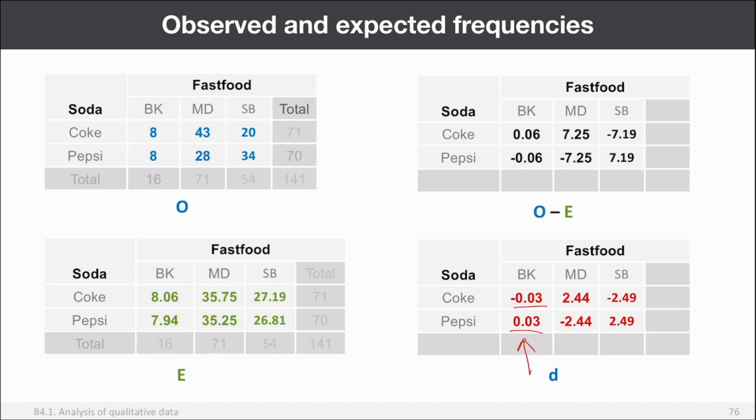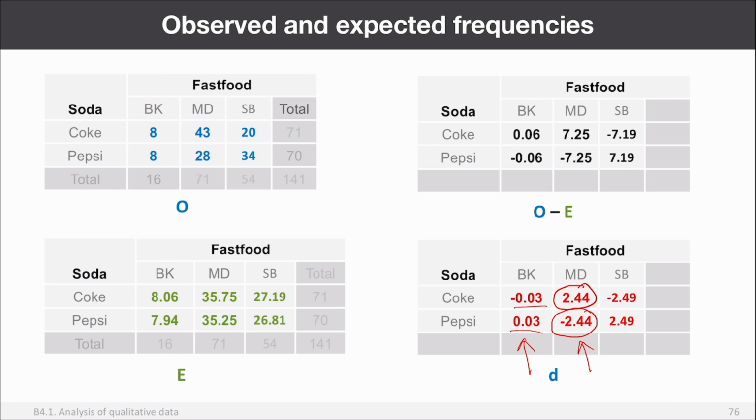We don't have evidence for that. If you think about people who prefer McDonald's, you can see that here you have a positive z-score. So it means that the observed frequency is larger than the expected frequency, by 2.44 standard errors. Here you have a negative z-score, so the observed frequency is smaller than the expected frequency, also by 2.44 standard errors.